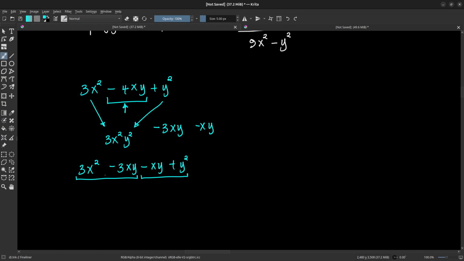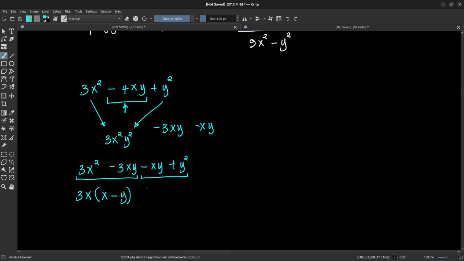In the first pair, the common factor is 3x, so we factor it out. 3x² divided by 3x gives us x, then −3xy divided by 3x gives us −y.